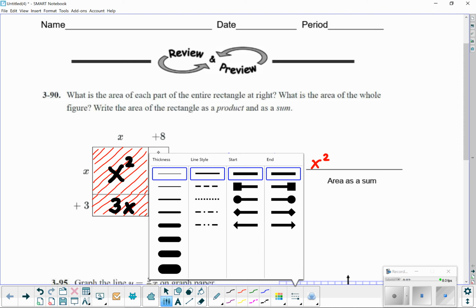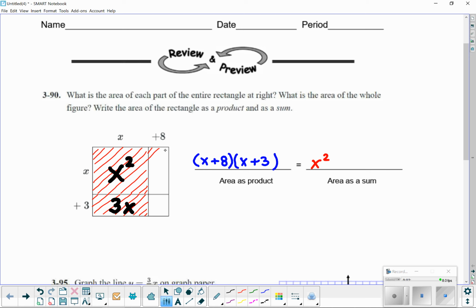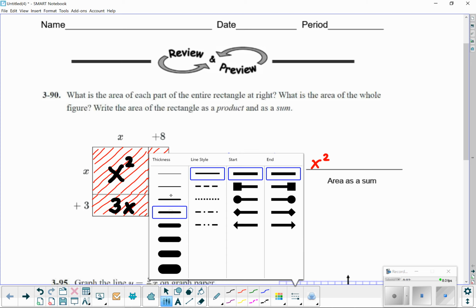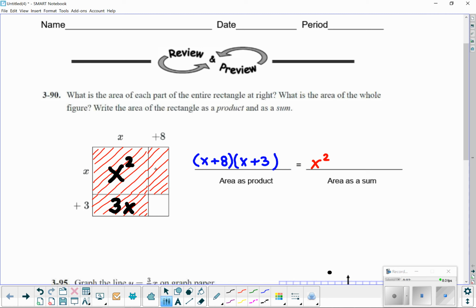Then I'm going to find the area of the next part, this area. That is going to be x times 8, or 8x. I'm going to combine the 3x and the 8x because they are like terms. So 3x plus 8x makes 11x.